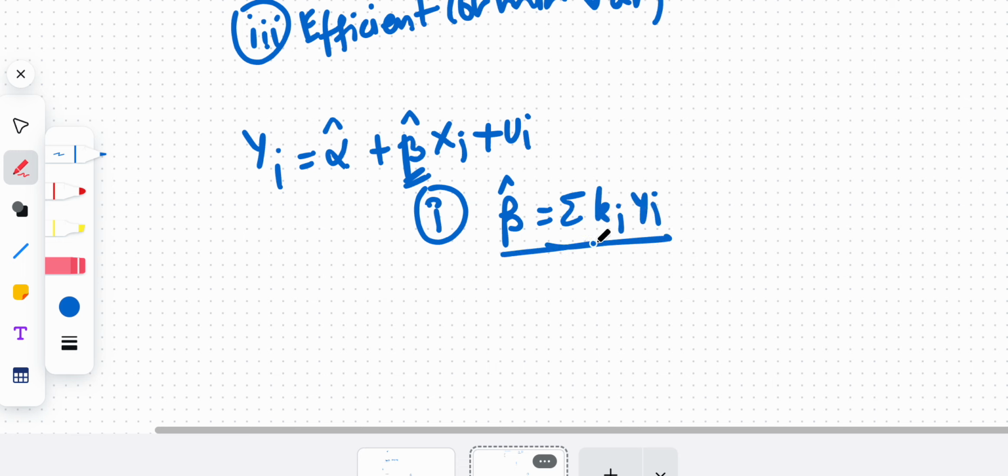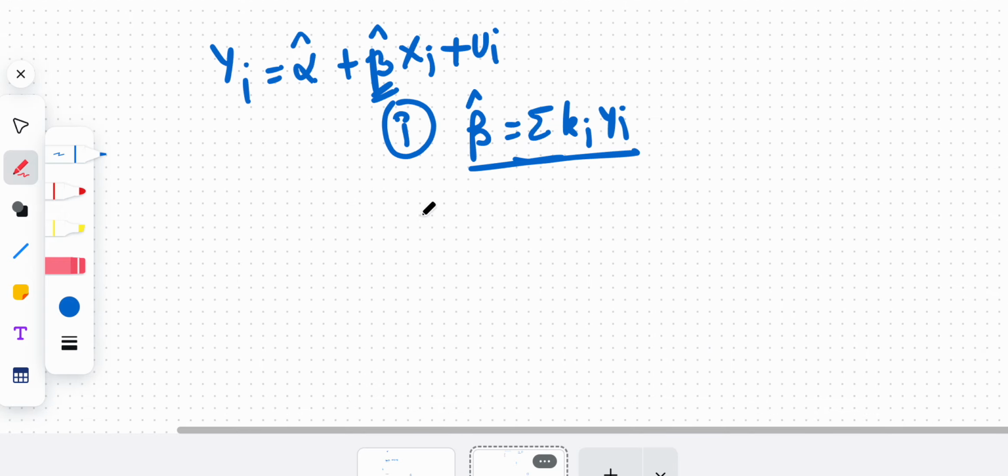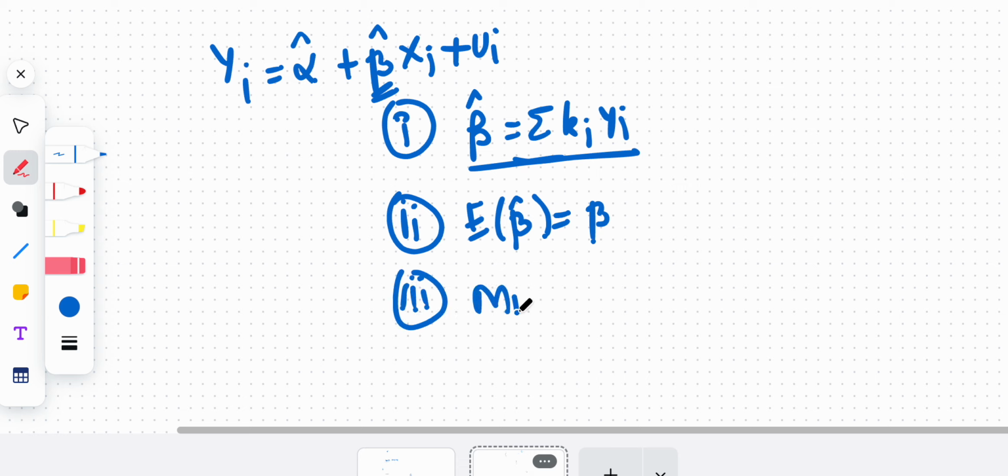Beta is a linear function of y. Unbiasedness means the estimate beta cap is the true beta. And third would be that it has minimum variance than any other estimator. So that's my OLS, or best linear unbiased estimator.